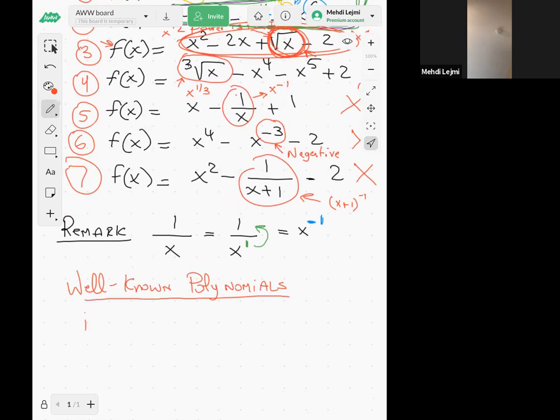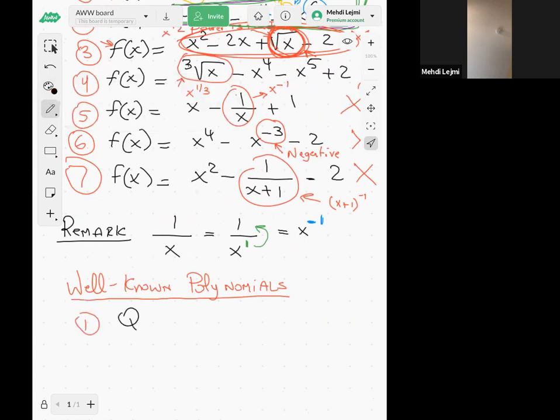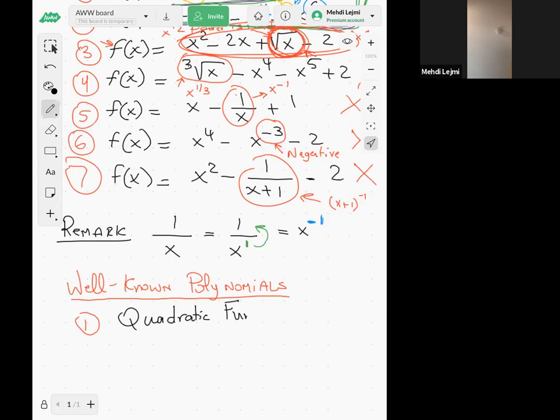First, we have quadratic functions. We do know how to graph quadratic functions.